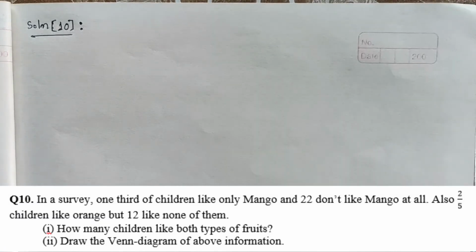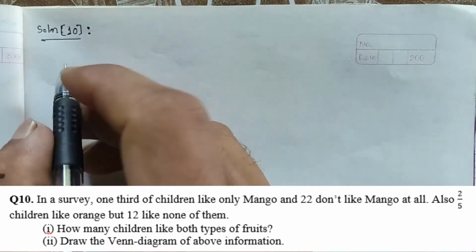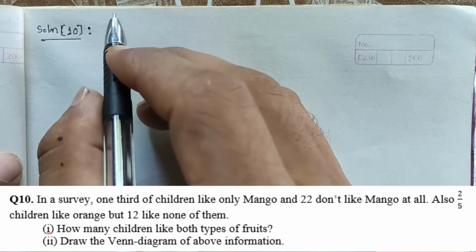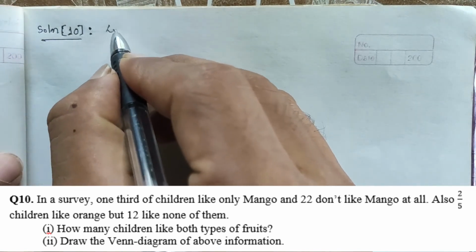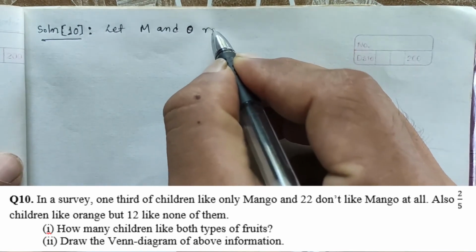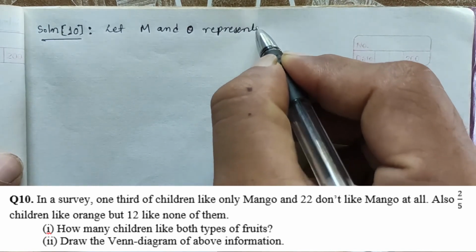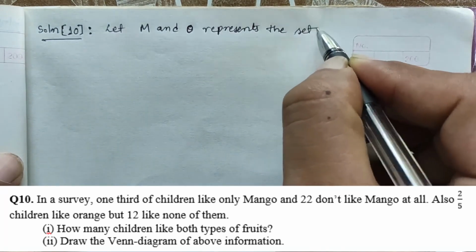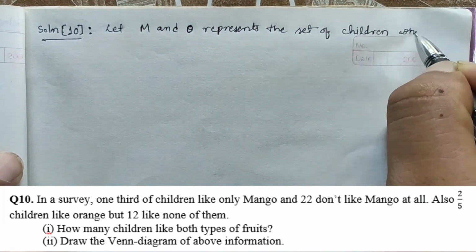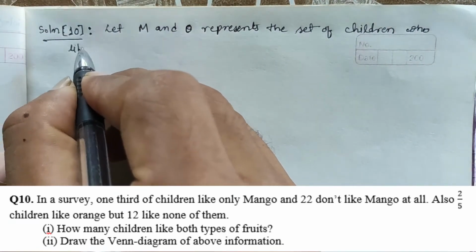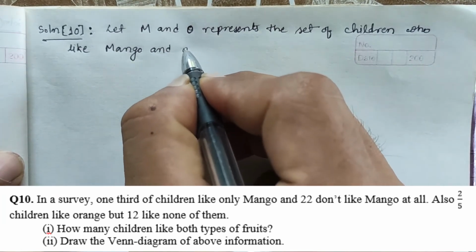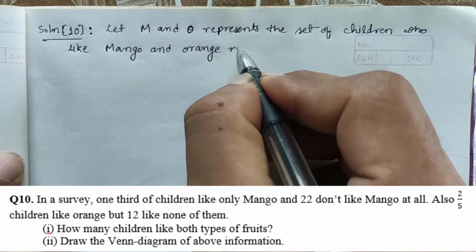Because the total number is not given, let's start with the 'let' part. We have to represent mango and orange with the letters M and O. Let M and O represent the set of children who like mango and orange respectively.